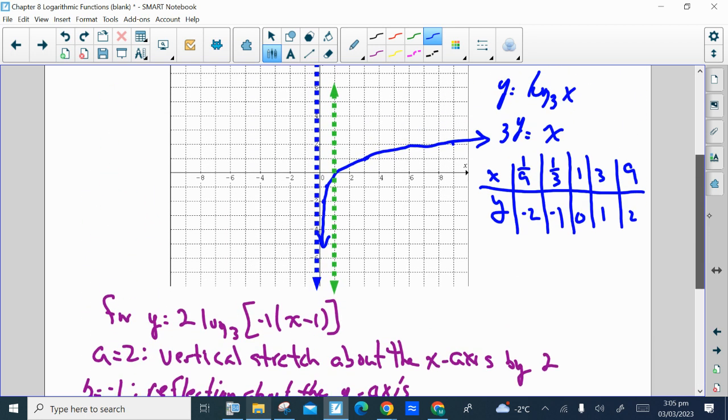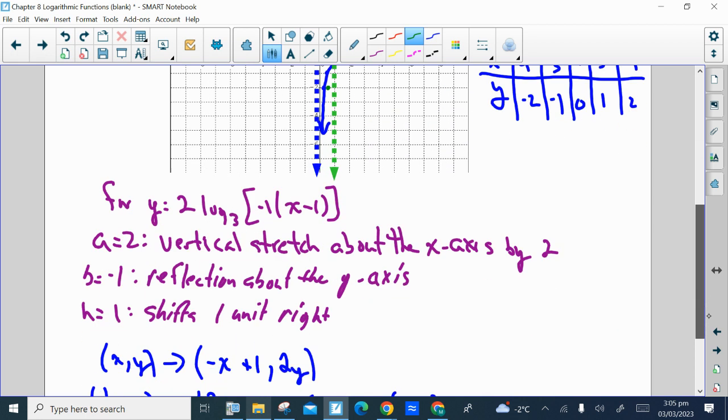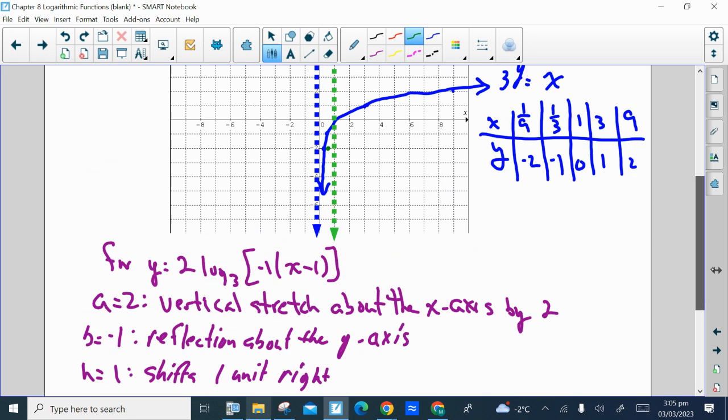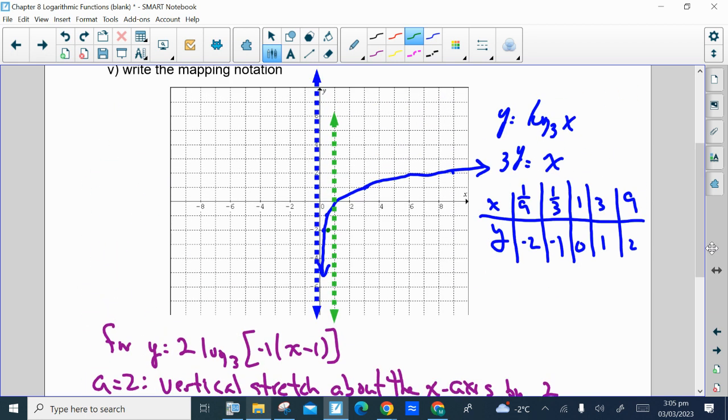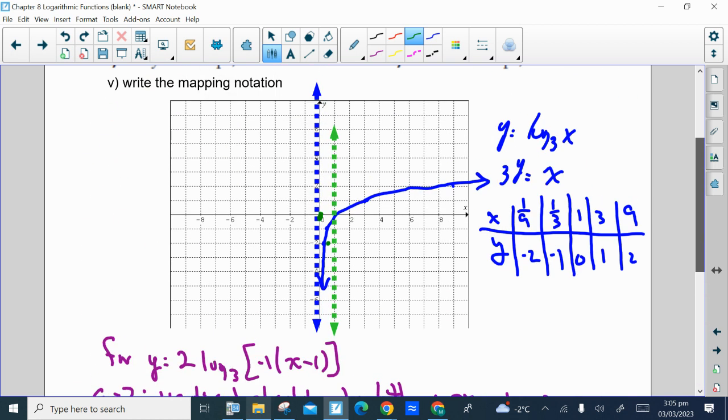2/3 comma negative 2. So that's approximately right there. 0 comma 0. This graph will go through the origin. That's both our x and our y axes then. Negative 2 comma 2.